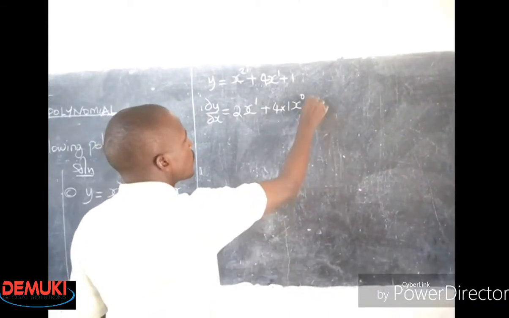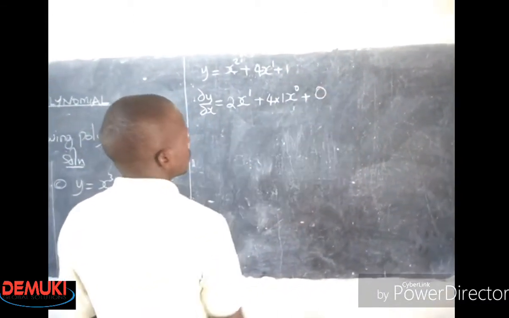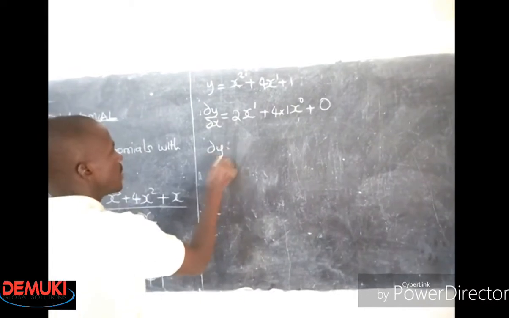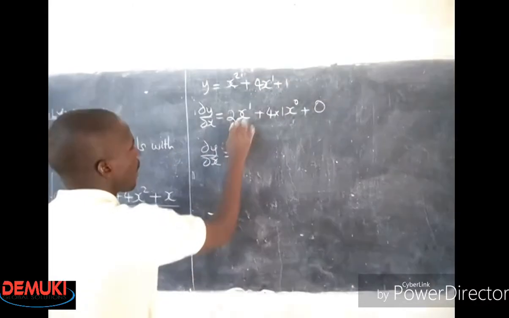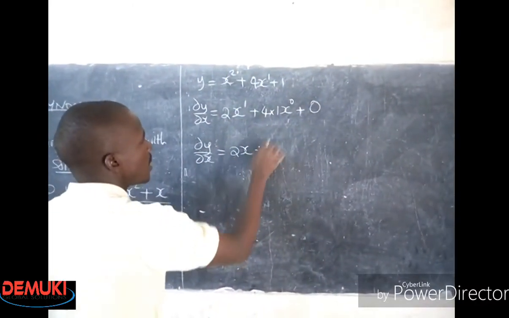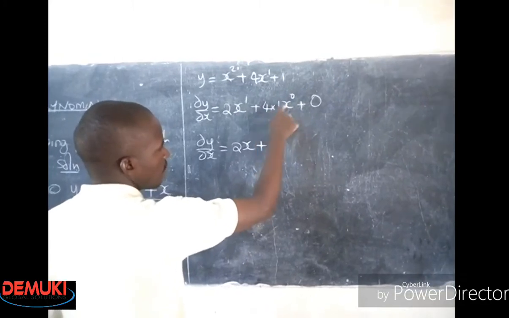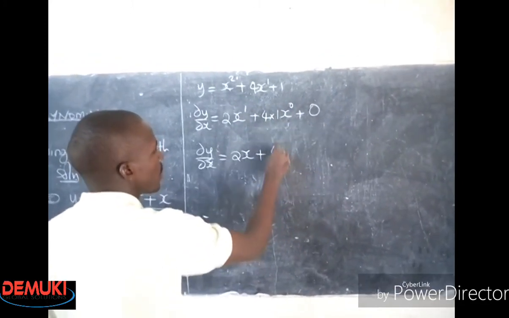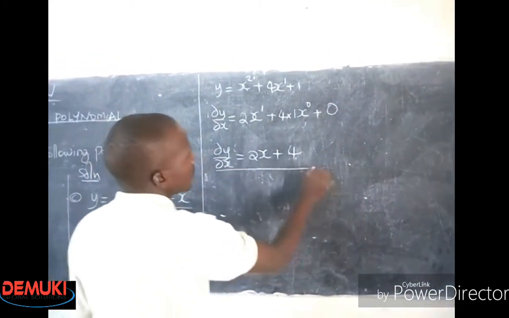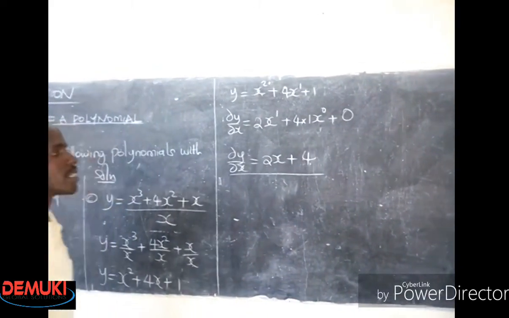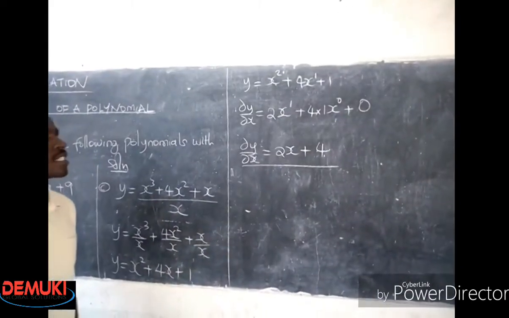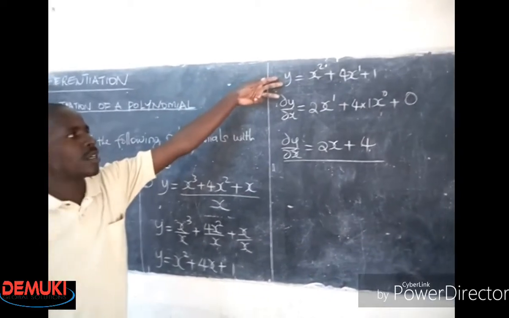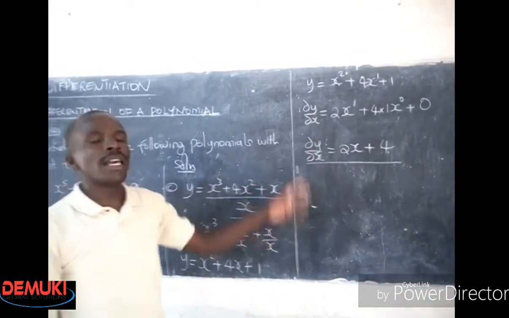Then plus, it's a constant, 0. So finally your dy/dx shall be 2x plus 4 times 1 times 1, so plus 4. Then this one is done. That is the final expression, the derivative of this equation.